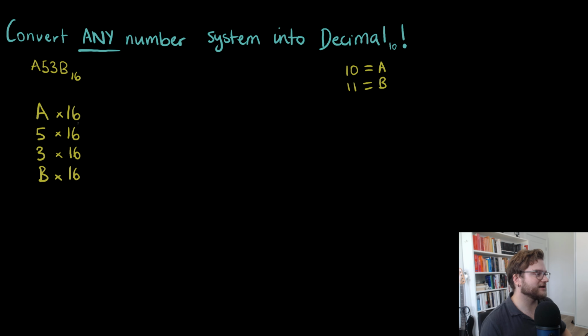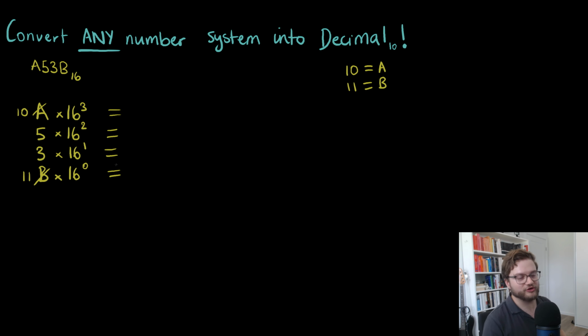This is 16 to the power of, with the exponent of, the number of places, starting at 0. So this is B times 16 to the power of 0, then 3 times 16 to the power of 1, 5 times 16 to the power of 2, and A times 16 to the power of 3. And to make it easier, let's write down the decimal versions of both of these numbers, being 10 and 11.